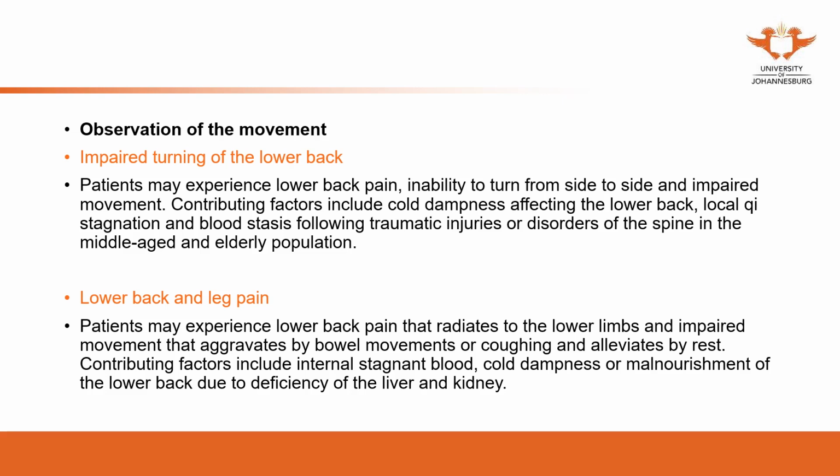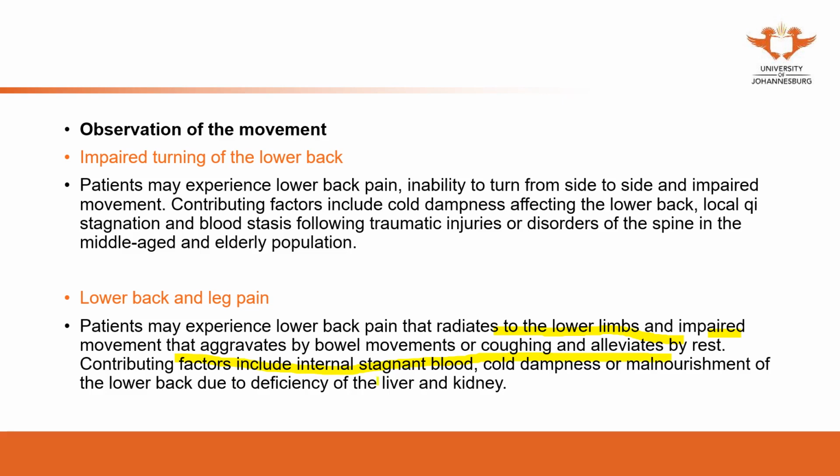On the observation of the back, especially when we talk about skin, we're also going to mention some of the other diseases that can happen in the back. The lower back and leg pain. The lower back pain radiates to lower limbs and impairs the movement, aggravated by bowel movements or cough.